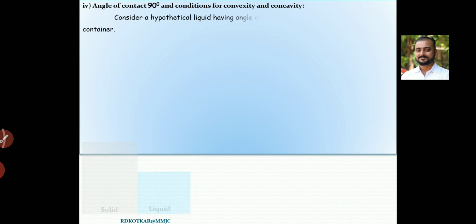So look at the figure. Here we consider a hypothetical liquid having angle of contact 90 degree with a given solid container. Means the liquid considered here is hypothetical, imaginary, and having angle of contact 90 degree, means having theta as 90 degree. So here the figure shows you the solid and liquid in contact.